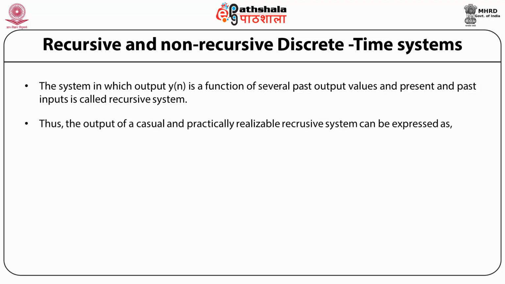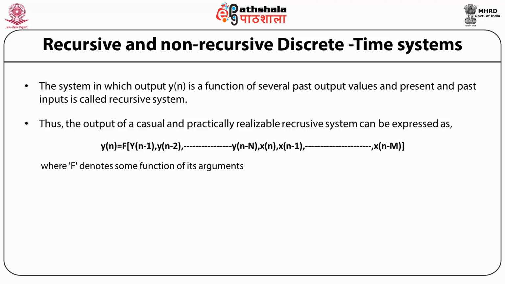Thus, the output of a causal and practically realizable recursive system can be expressed as y(n) equal to F of y(n minus 1), y(n minus 2) and so on till y(n minus N), comma x(n), x(n minus 1) and so on till x(n minus M), where F denotes some function of its arguments.